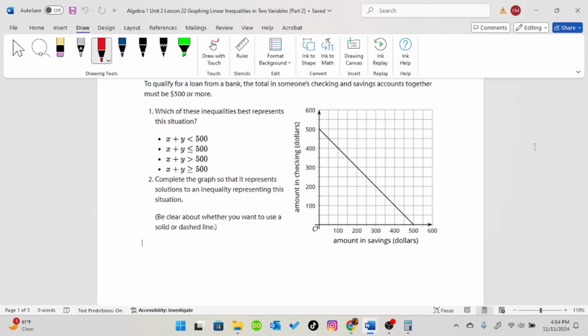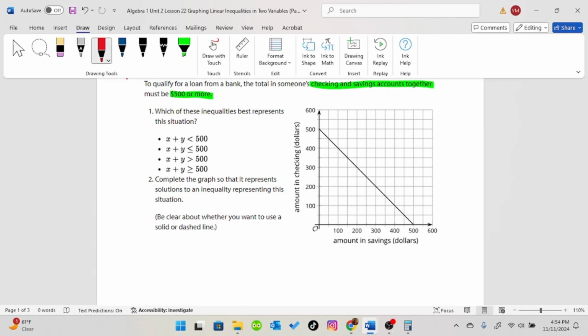To qualify for a loan from a bank, the total in someone's checking and savings account together must be $500 or more. Which of these inequalities best represents this situation?